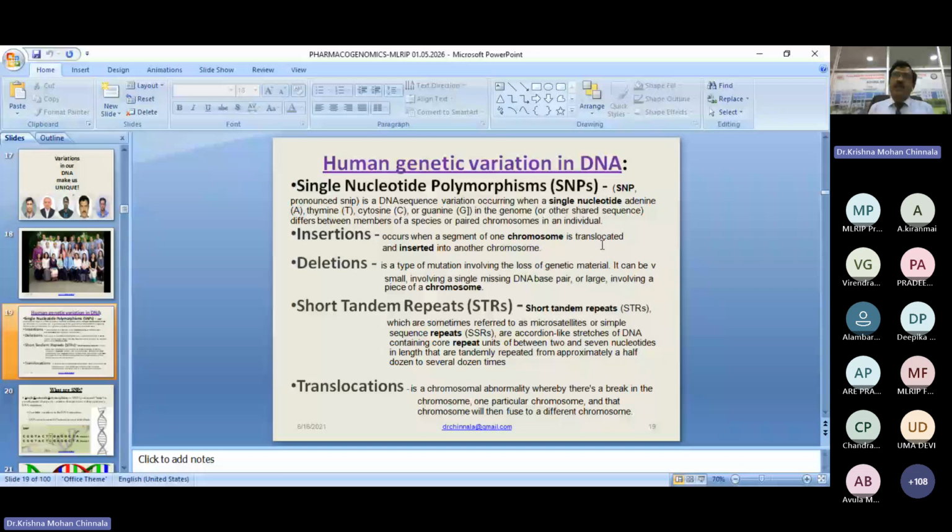Okay, so insertion of your genes and getting a modified or altered end product. The best example, National Institute of Nutrition, Tarnaka, Hyderabad, created obese rats.